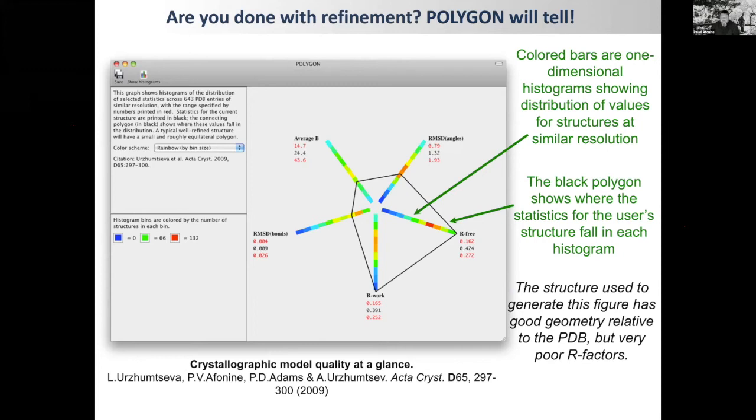If you have something that's shown on this picture, that's very suspicious. You have R work, which is way larger than all other structures in the protein database. That's suspicious. Same with R free and all other parameters.